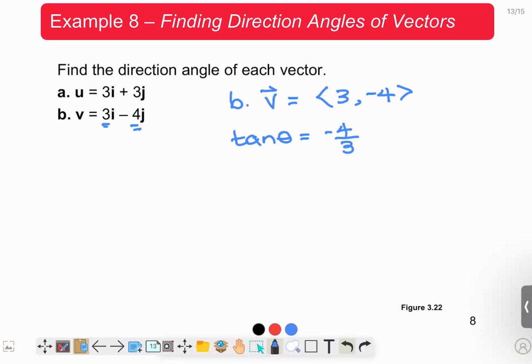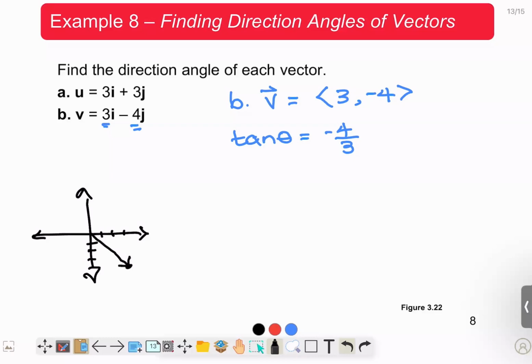So this time I am going to use the inverse tangent, or arctan. And what I'm going to get here, because this angle, let's draw this vector on the coordinate plane. Positive 3, negative 4, this vector is in the fourth quadrant.